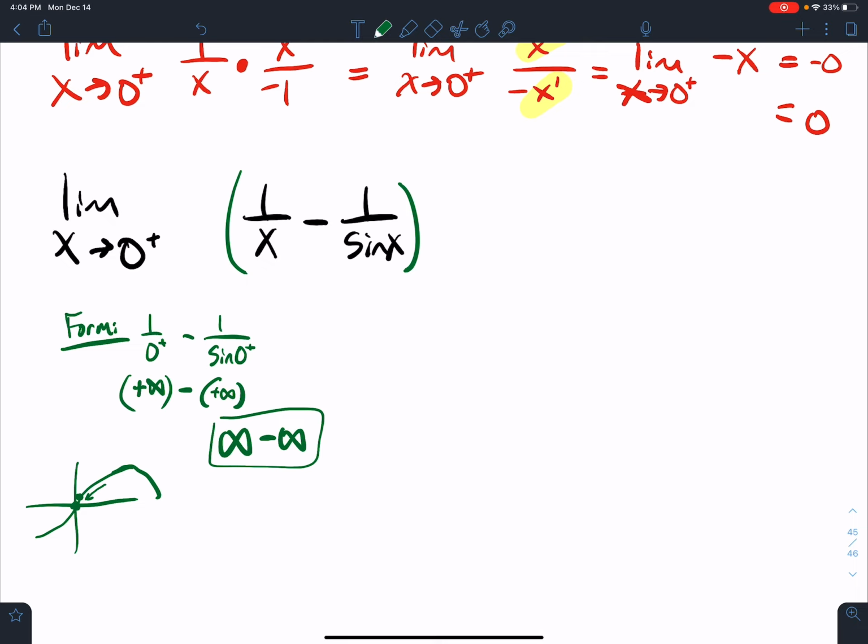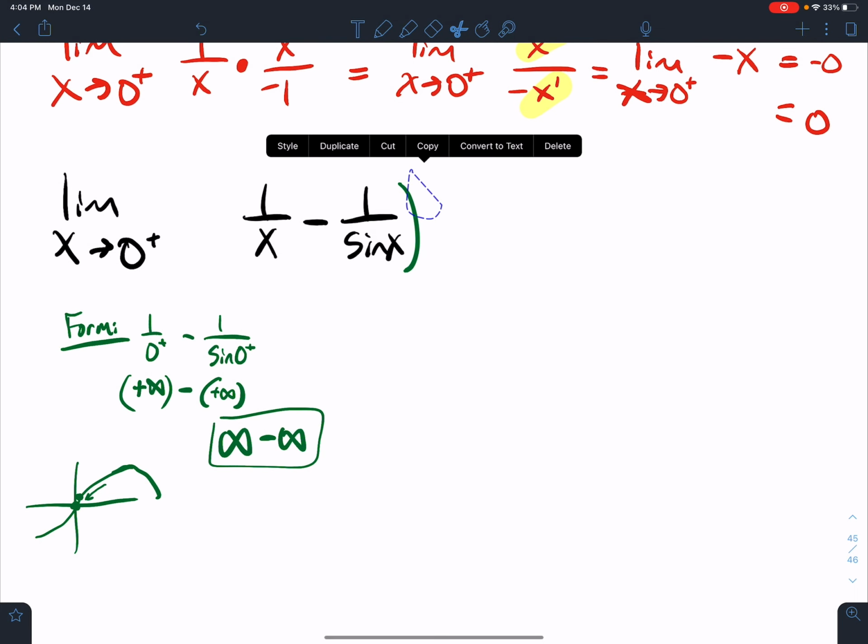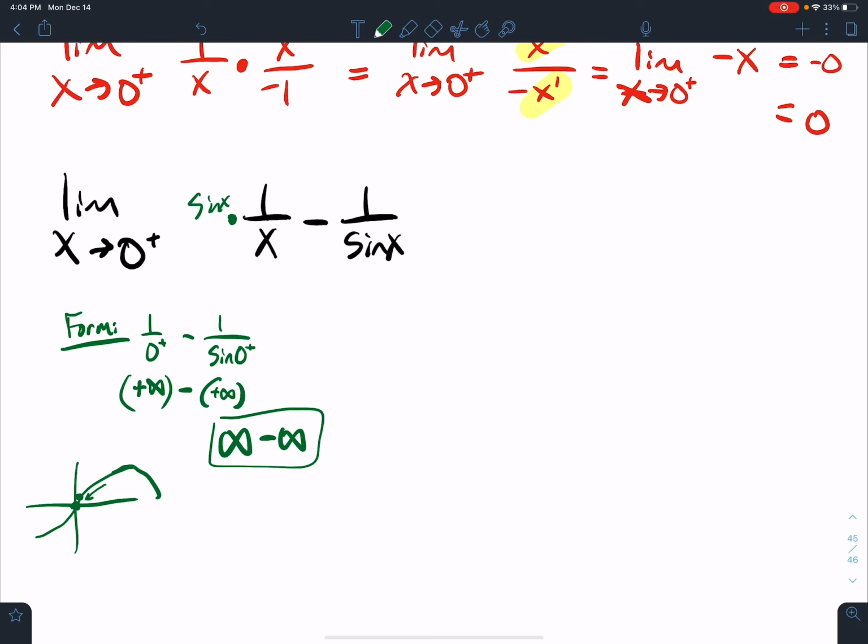I need a sine x over here, and I need an x over here.